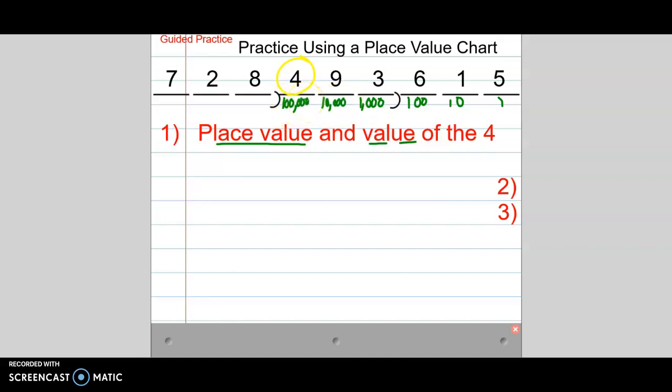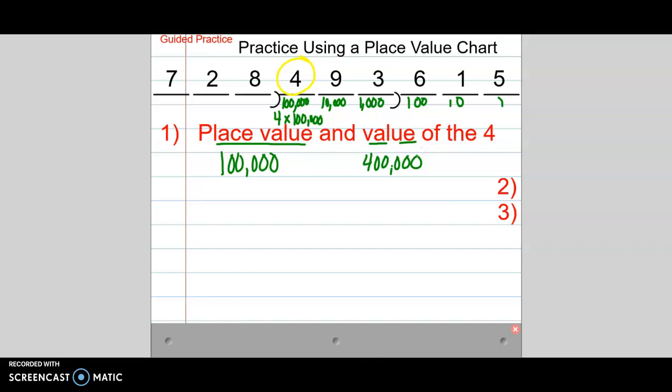So the place value of that 4 is the 100,000s. That's the spot where the 4 is at. The value of that 4 is if we were to multiply those two together to see how much it's actually worth, it's actually worth 400,000. So that's the difference between place value and value.